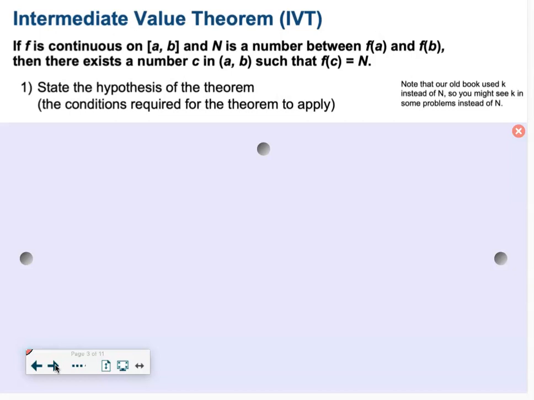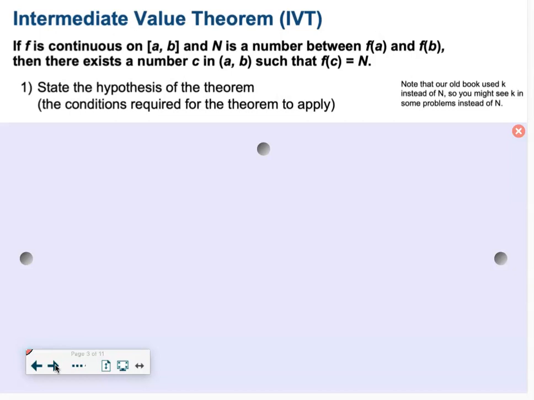They're like the conditions that have to be met before you get the conclusion, which is the then part, right? Hypothesis, conclusion. So in this theorem, we need to state the hypothesis. The hypothesis, it's not scary. It's just all the words that come after the if until you hit the then, right?